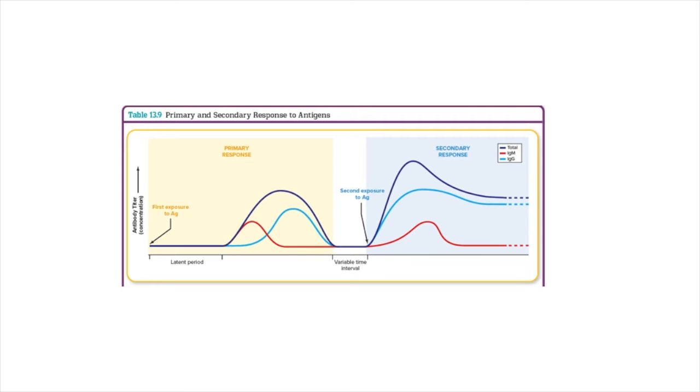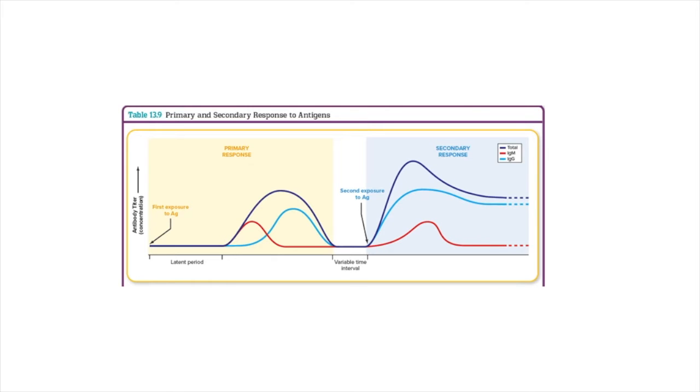Very quickly, I know this is review for you, but if you look at this chart, you will see the dark blue, navy blue line is an indication of the total amounts of antibody to a particular antigen in the bloodstream. That's what it means by antibody titer or concentration on the left.